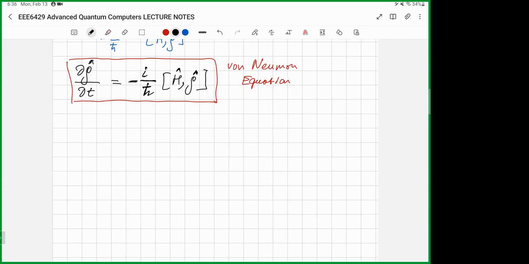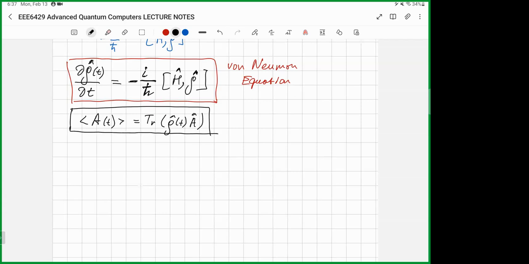And of course, for a given Hamiltonian, you can solve this equation and find the result, basically the density operator as a function of time. And then as you get this result, you can find the actual expectation value, simply as a trace of the density operator with the operator A, the operator of the quantity.